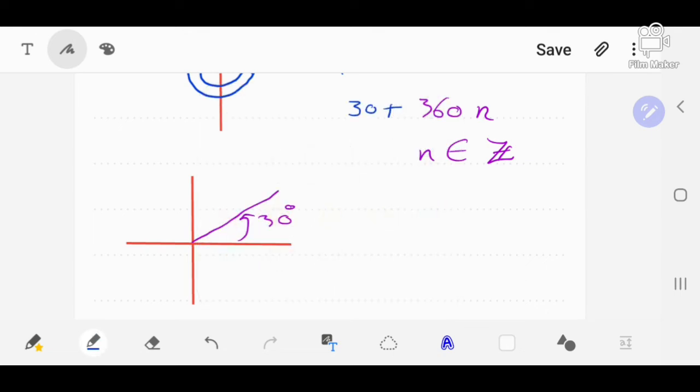The full circle is 360. We're going to take 30 out, so this is negative 330 degrees. And of course, I can keep going with more than one full circle. So how am I going to get negative coterminals? Simply 30, instead of plus, it will be minus 360 times n.